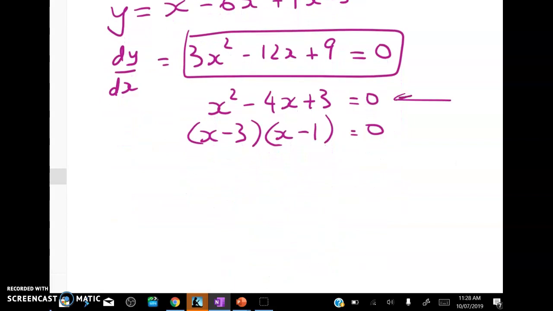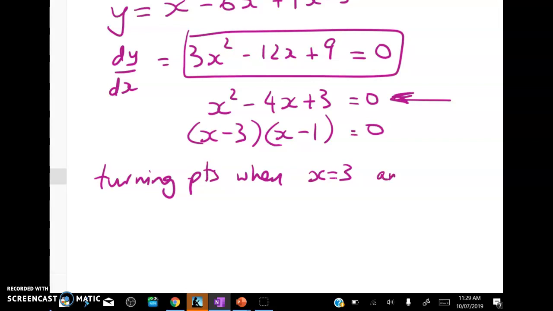Or if you wanted to, you could do completing the square or quadratic formula, or even just chuck it into your calculator and show your working. You know what I think of that. Right, so now we've got 2 values. We've got one when x equals 3 and one when x equals 1.